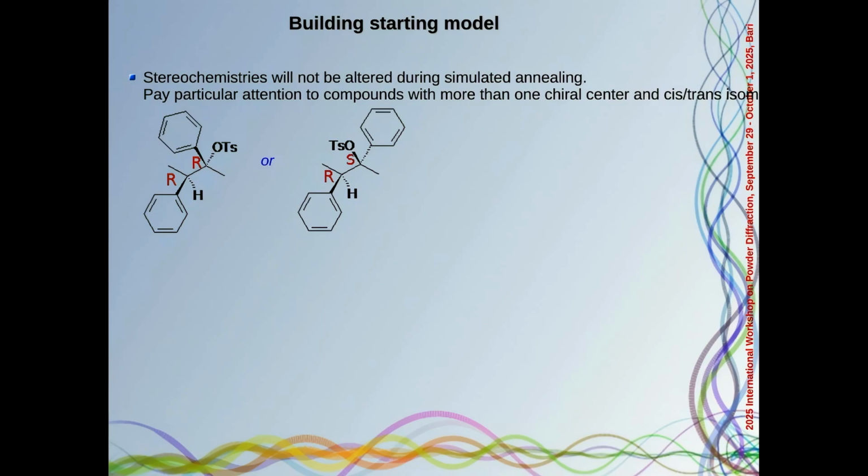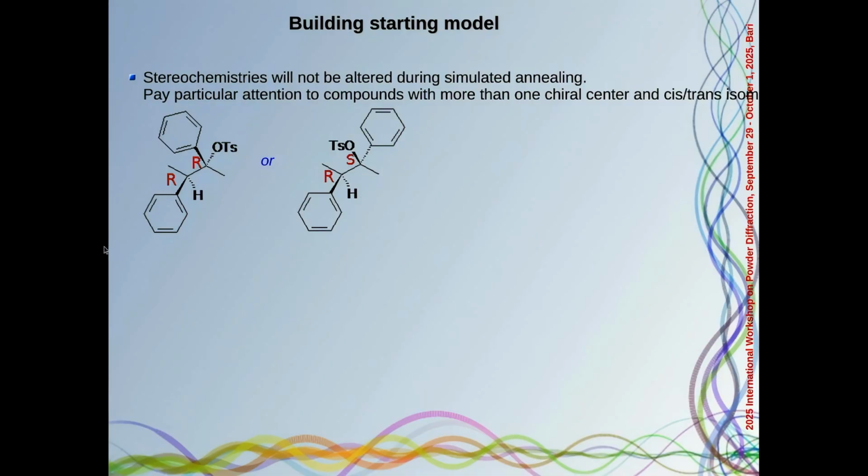Another aspect: typically in the process of the real space method, the stereochemistry is not modified. This means, for example, if I have a diastereoisomer and I don't know the configuration of the chiral center, I have to test all the possible diastereoisomers.